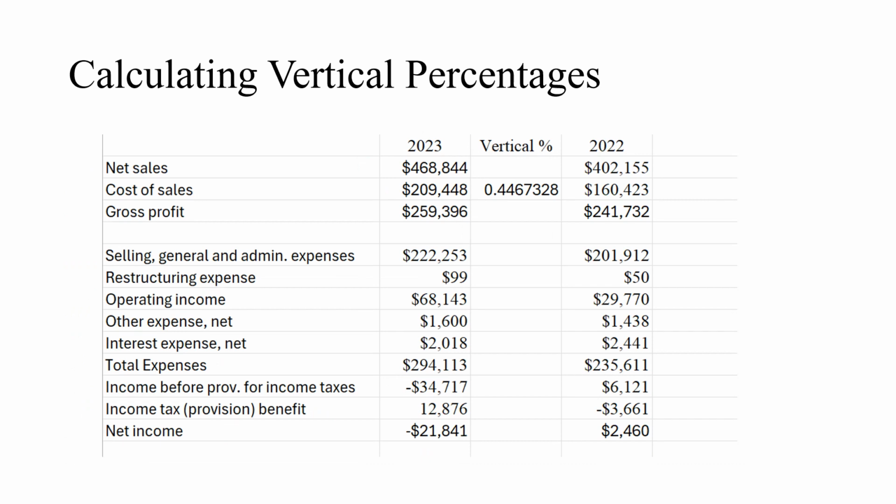When we do this, we get a number. In this case, the number is 0.4467, and so on. Now, we need to take this number and turn it into a percent.